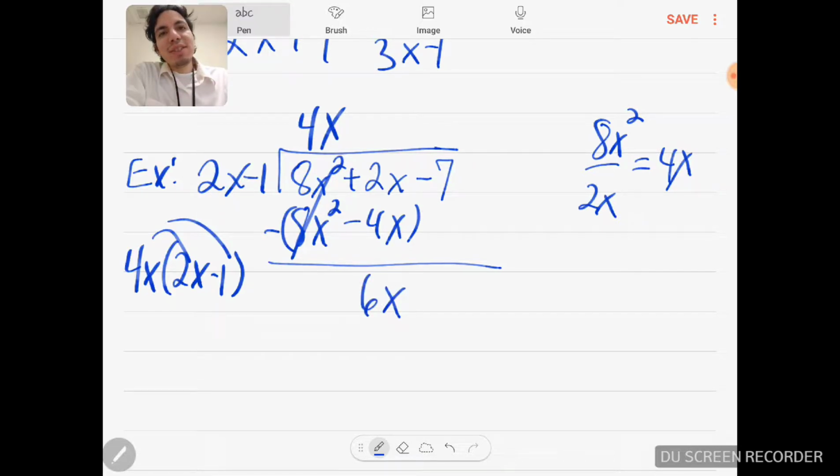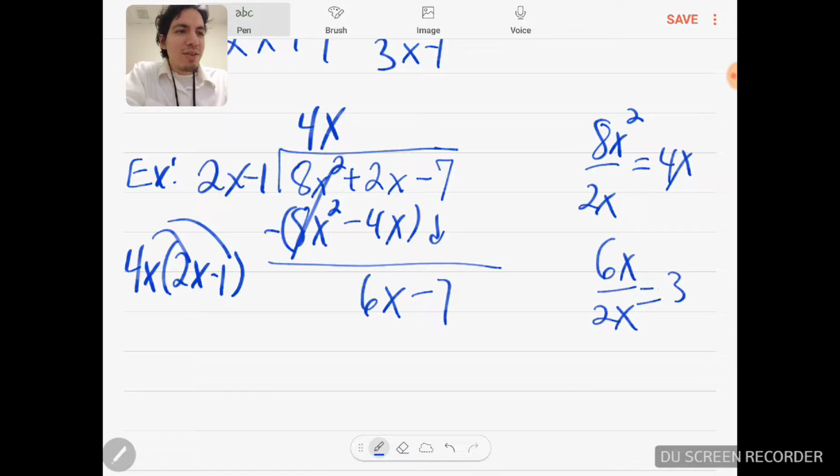How am I getting positive 6, you're wondering? You distribute the negative sign. That's the reason why I'm putting the parentheses around the polynomial, because the parentheses makes it so that's negative 8x squared. And then you change the sign here, it becomes positive. So positive 4 plus 2 will be positive 6x. I bring down the 7. I take 6x divided by 2x, and then I get 3.